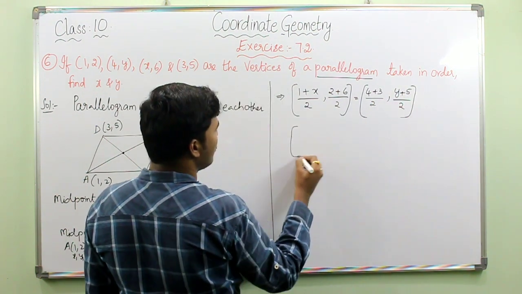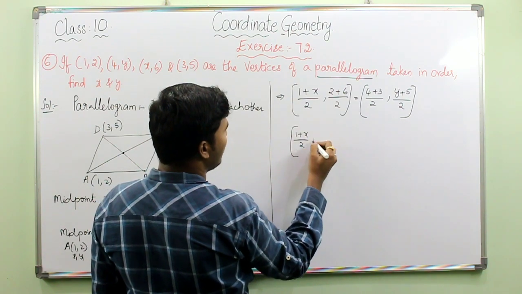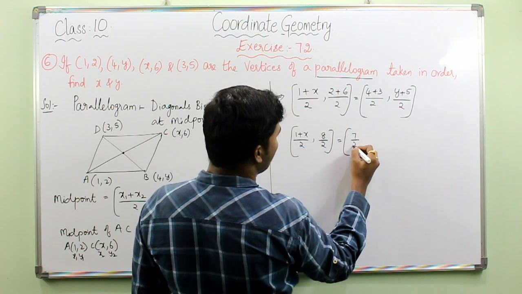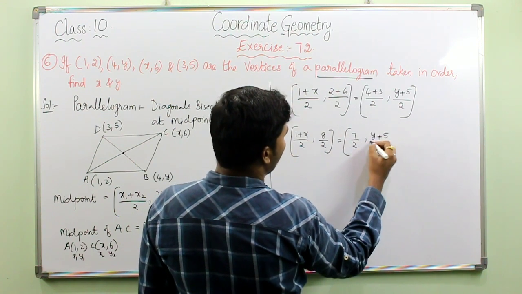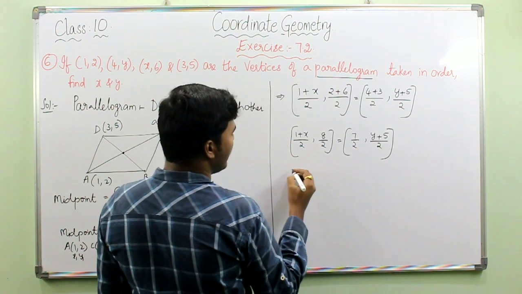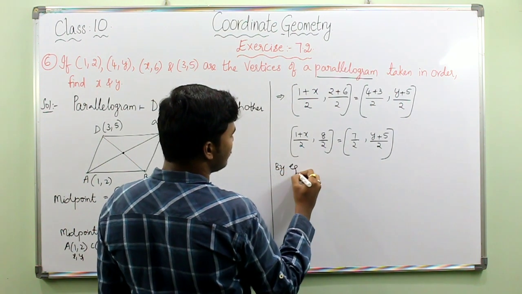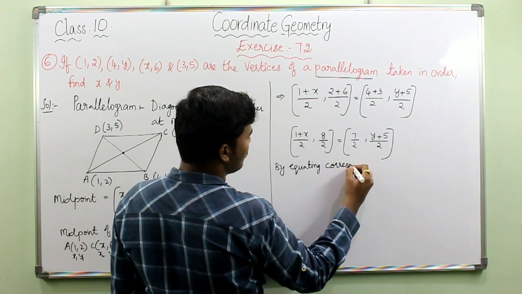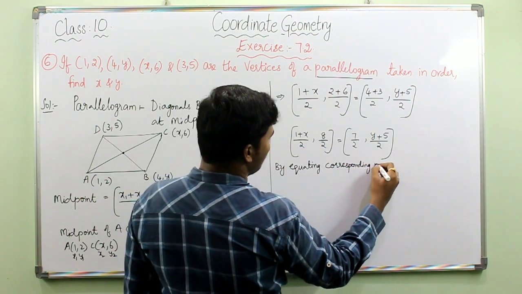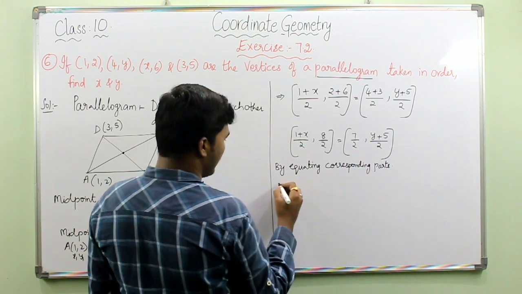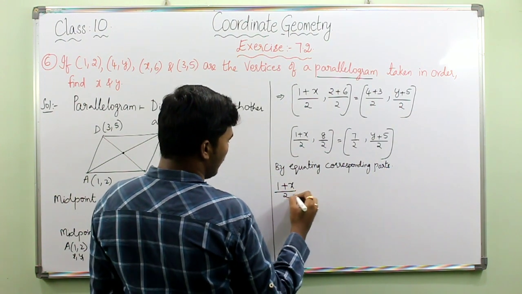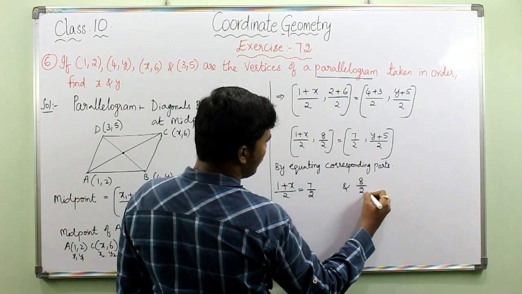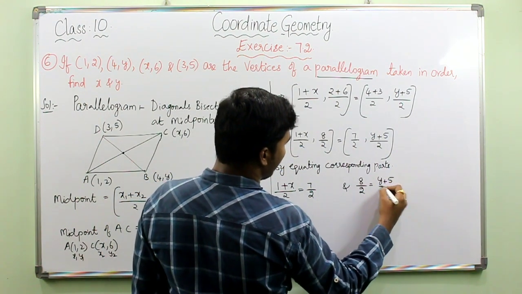Then it will become ((1 plus x) by 2, 8 by 2) which is equal to (7 by 2, (y plus 5) by 2). Now by equating the corresponding parts, that is (1 plus x) by 2 is equal to 7 by 2 and 8 by 2 is equal to (y plus 5) by 2.